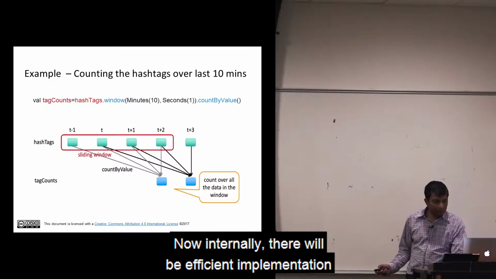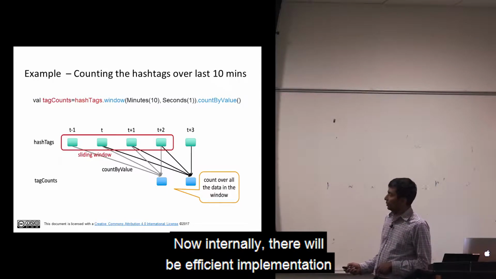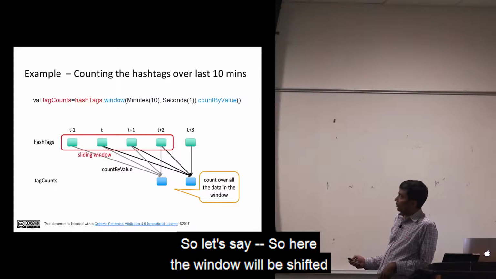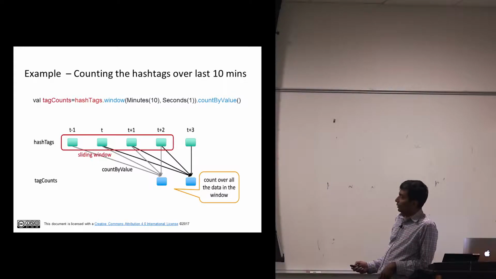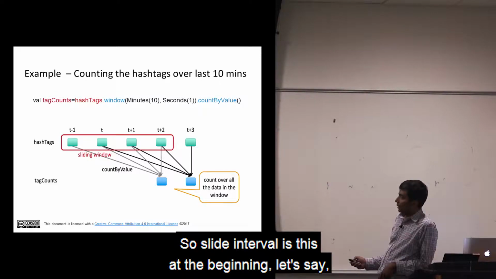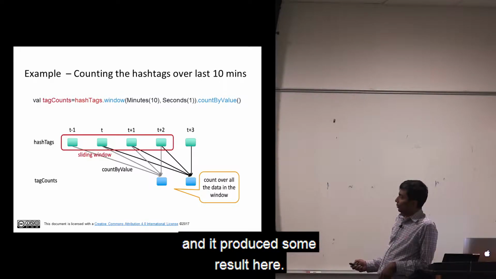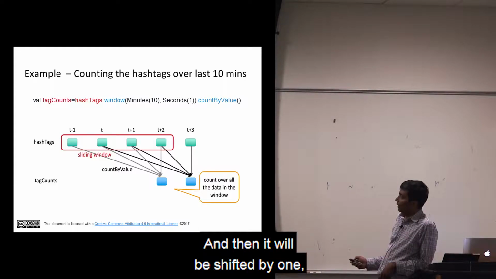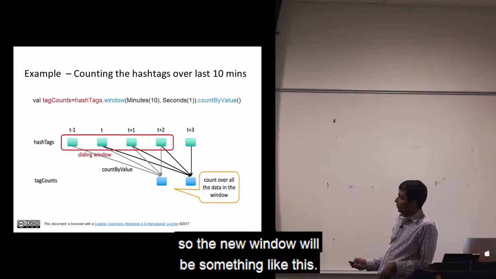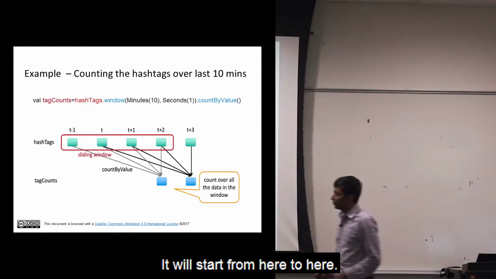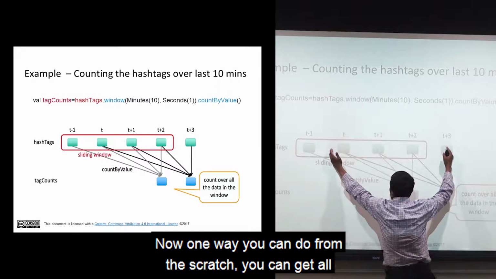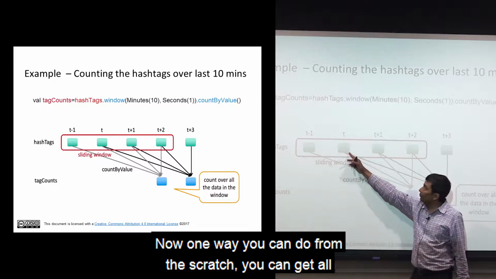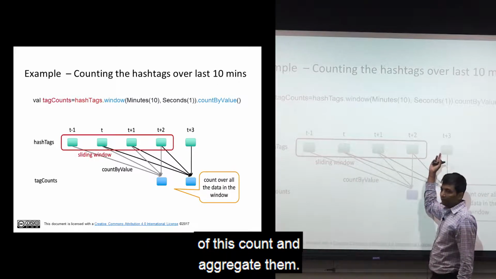Now internally there will be an efficient implementation for this. So let's say the window will be shifted by 1, right? So the sliding interval is this at the beginning, and it produced some result here. Take the count by value, how many, and then it will be shifted by 1. So the new window will be something like this. It will start from here to here. Now one way you can do it from scratch is to get all of these counts and aggregate them.